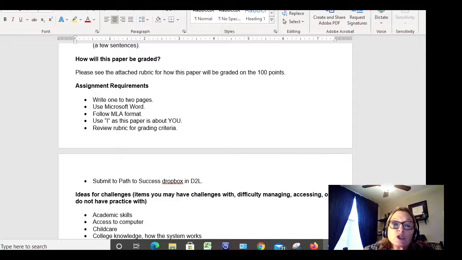You should use the word I in this paper because this is about you, and make sure you look at that rubric carefully so you know what the expectations are. That's what I'm going to use when I grade your paper, is that rubric.